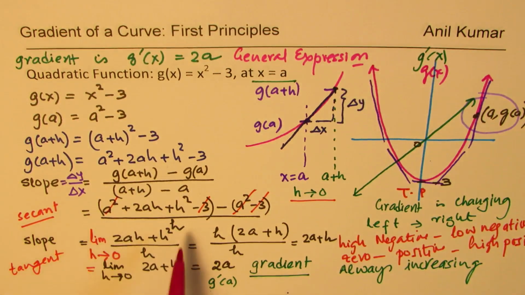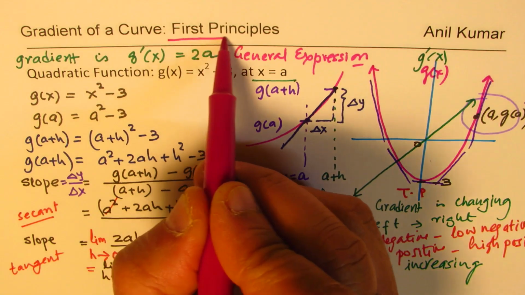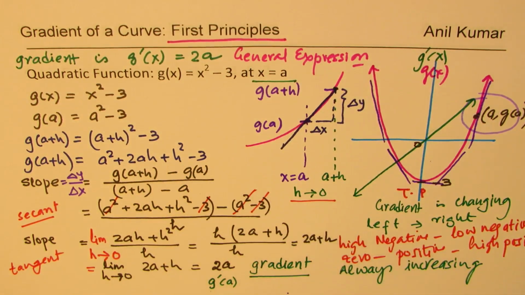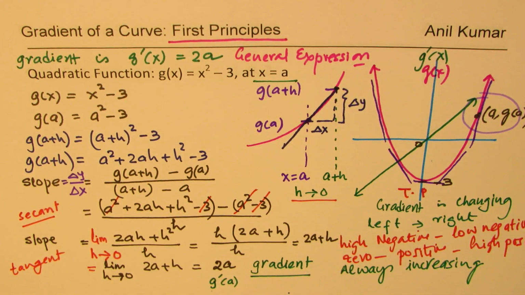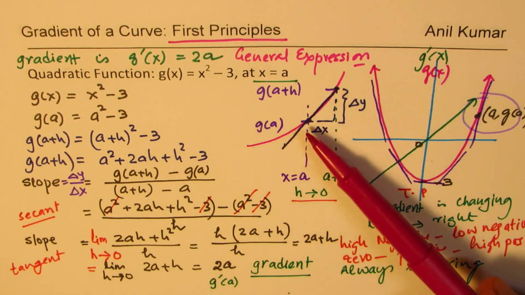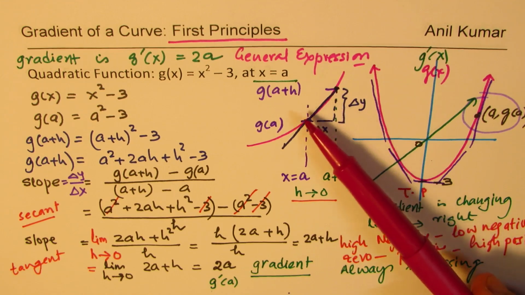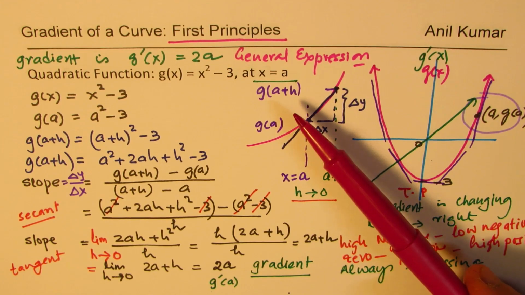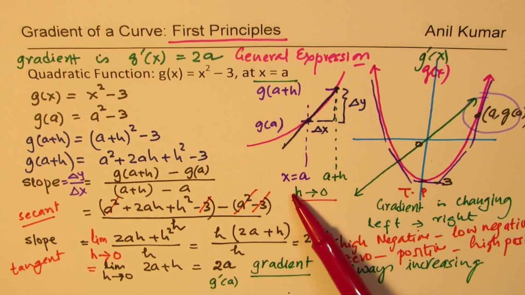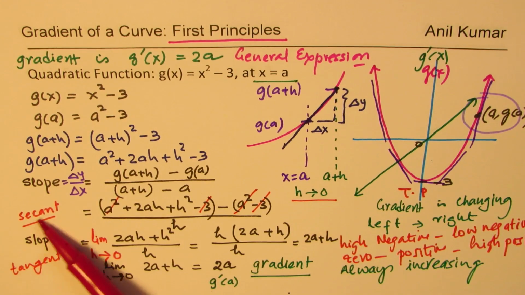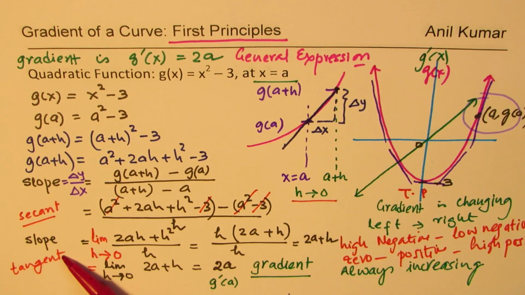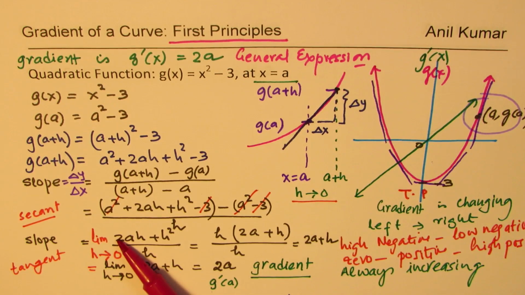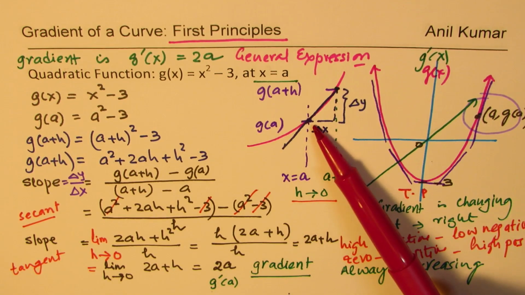And the method which I have discussed here is called the first principle. So all this method which I am discussing here is the method of first principle. Right? So we definitely have 2 points here which are slightly away, h distance away. And the idea is, as h approaches 0, slope of the secant approaches slope of the tangent, and that is what the gradient is at a given point.